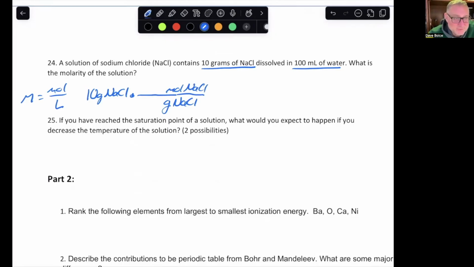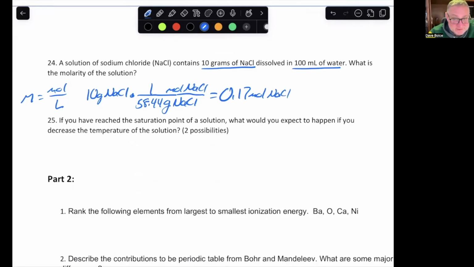If you add up one sodium and one chlorine, that's going to be 58.44 grams for 1 mole. So remember, take your unit grams. Whatever goes up must come down. I want to convert that to moles. I can do that. 10 divided by 58.44 comes out to 0.17 mole.